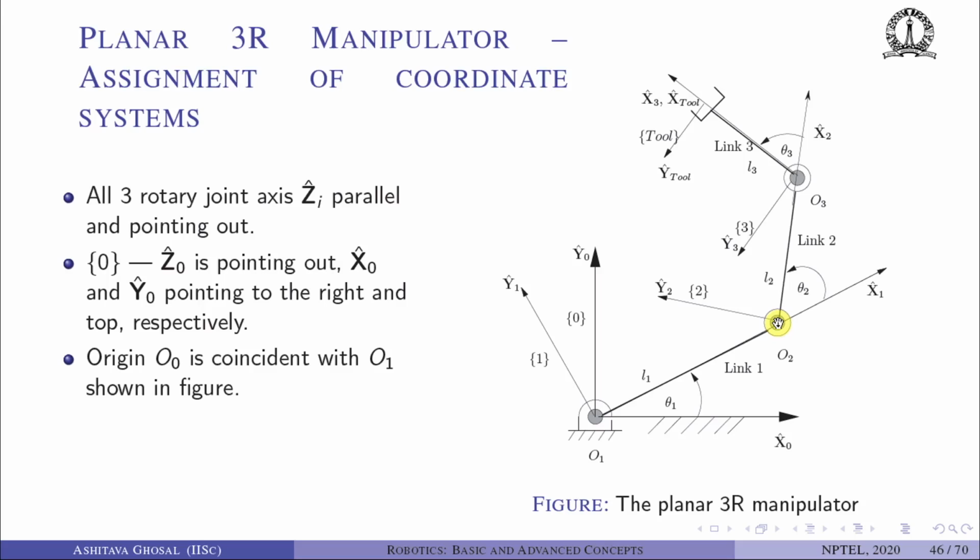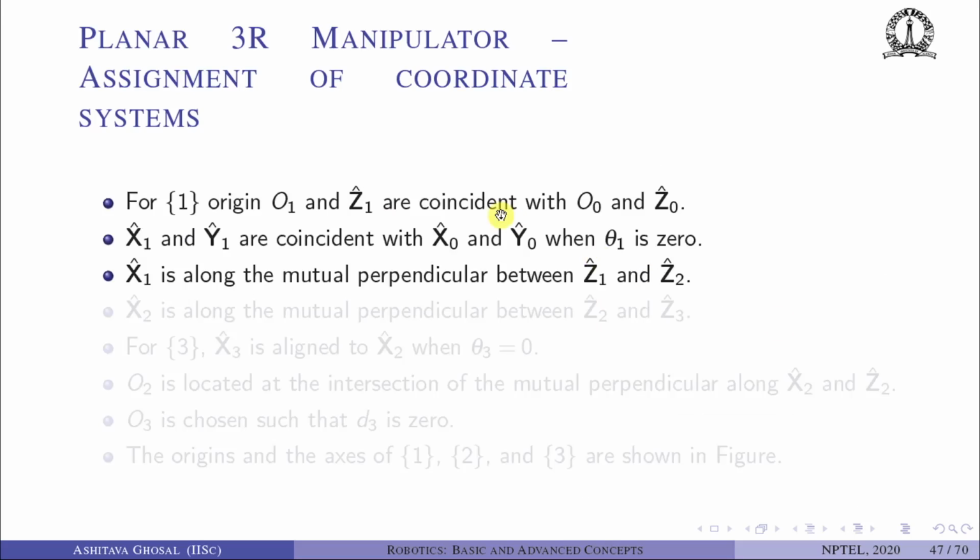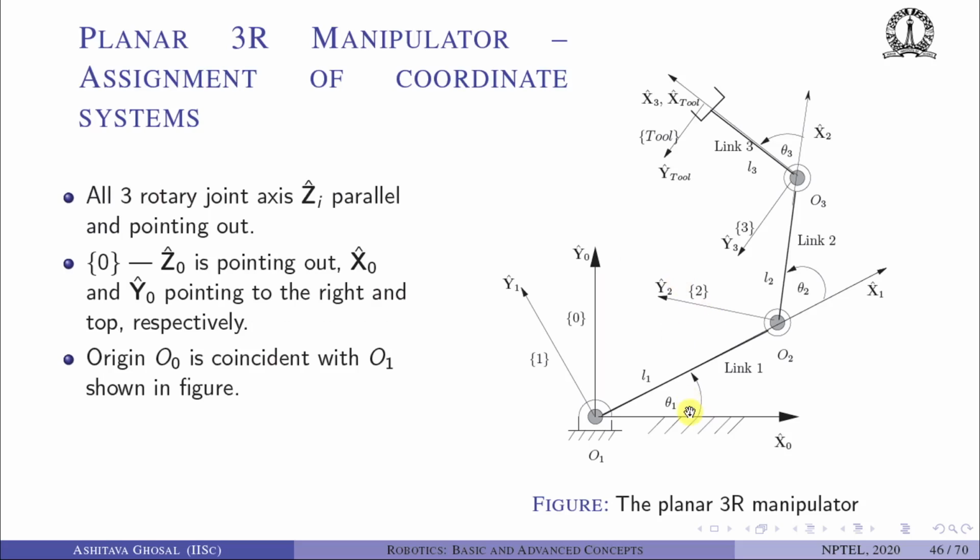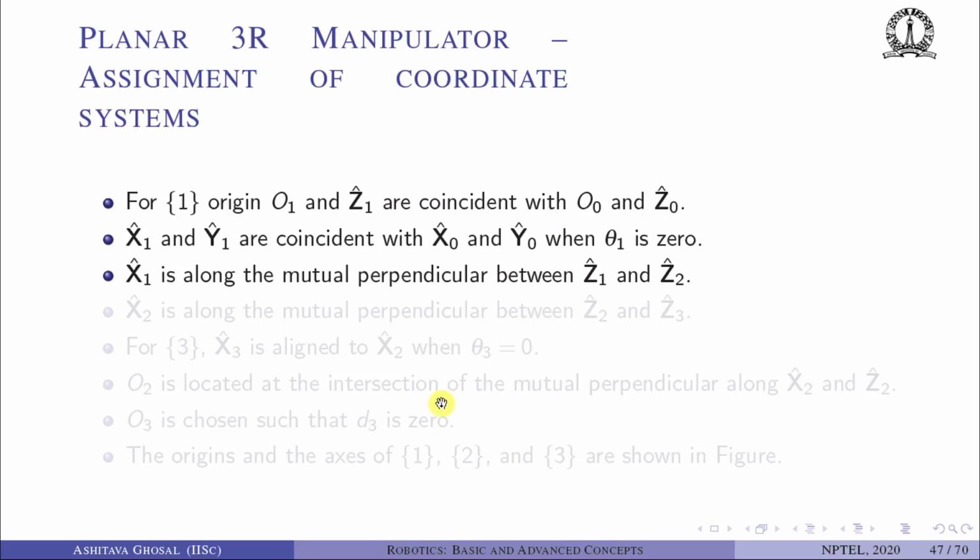As I said, for the first coordinate system, the origin O1 and Z1 are coincident with O0 and Z0. So X1 and Y1 are coincident with x0 and y0 when theta 1 is 0. This is important, this is how the first coordinate system is assigned. It's a special case. And x1 is along the mutual perpendicular between z1 and z2, as I've shown.